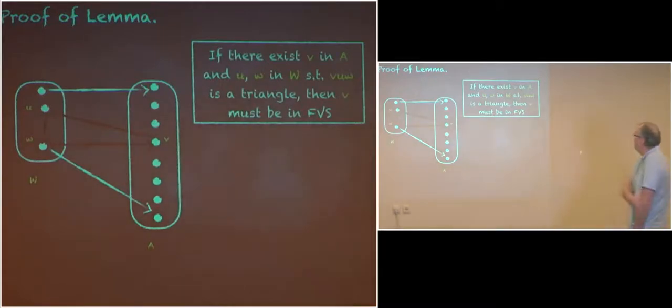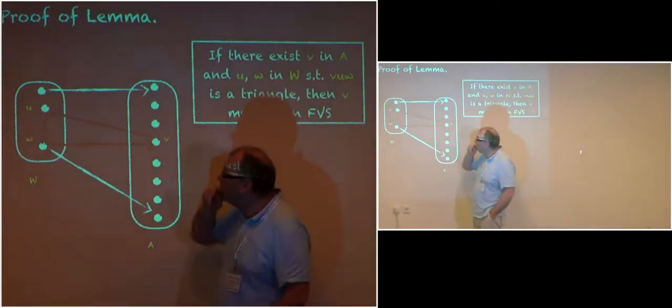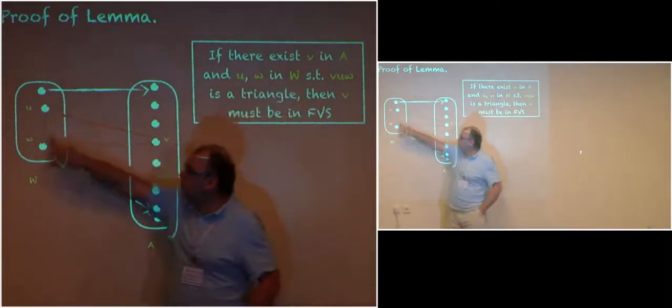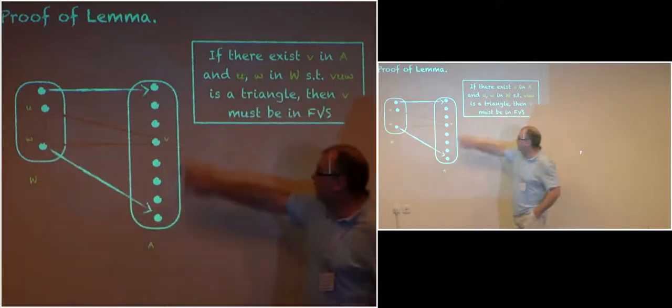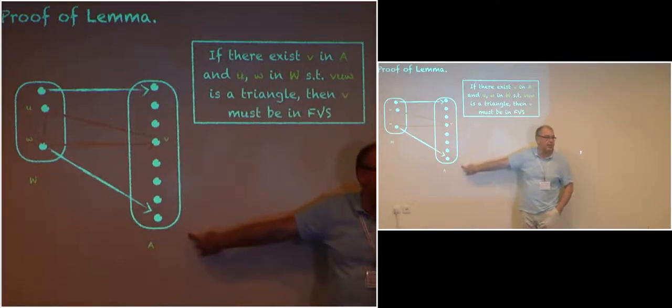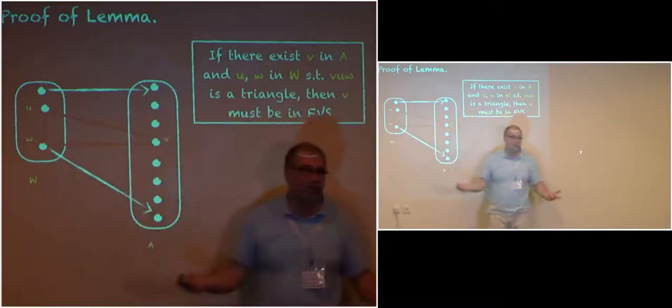Okay, once again, the first observation. Suppose I have a triangle in my tournament of this structure: two vertices of the triangle belong to the set W, and one vertex belongs to the set A. I need to kill this triangle with my feedback vertex set.